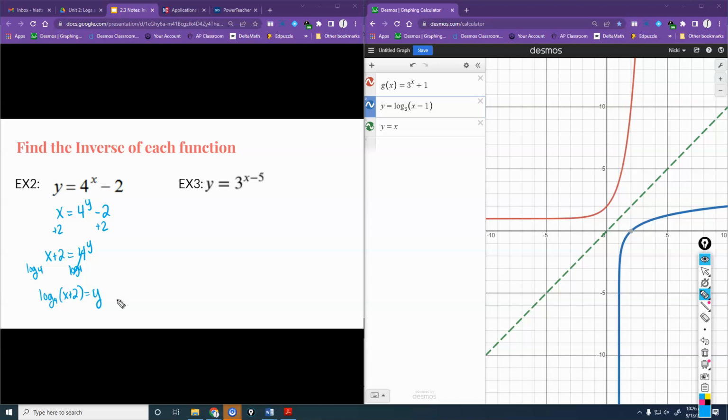This log gets rid of that 4. So just leave it on.